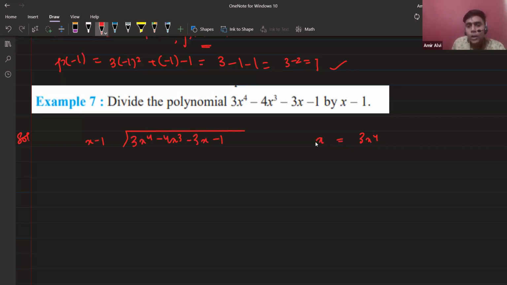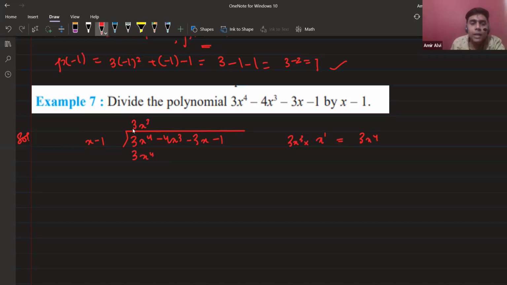What should I multiply with this x so that I can get 3x to the power 4? 3x cube, very good. Because this is 3 and 1 power is there, it will get 4. So I should write 3x cube here. Clear? Any doubt?